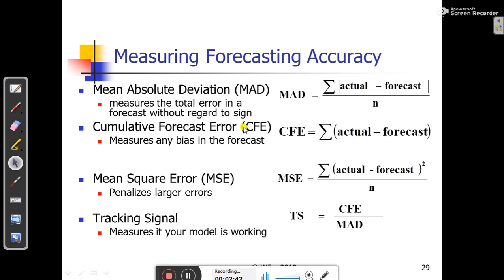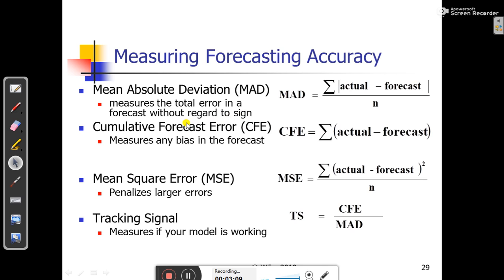Mean absolute deviation measures the total error in a forecast without regard to sign. It means we are not showing the negative or positivity here. We just try to measure the total error in a forecast without thinking about whether it is a positive or negative error.